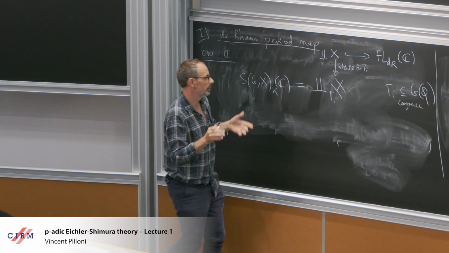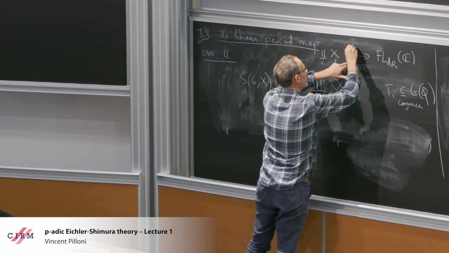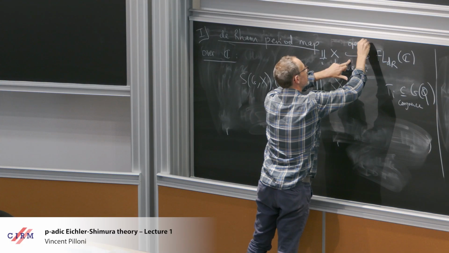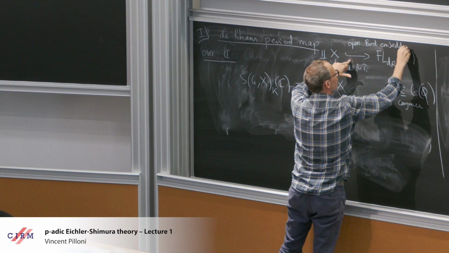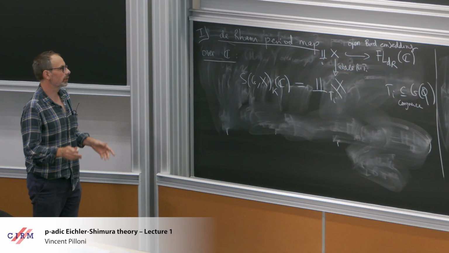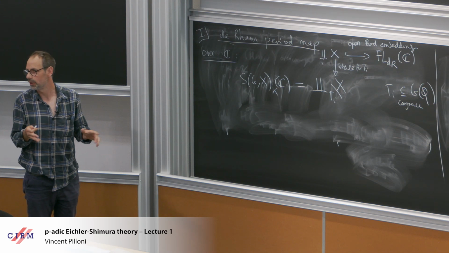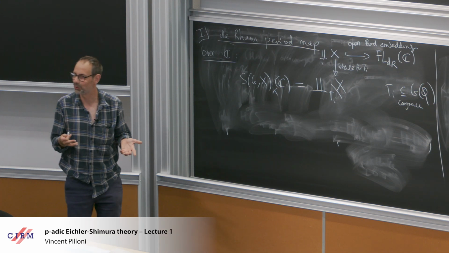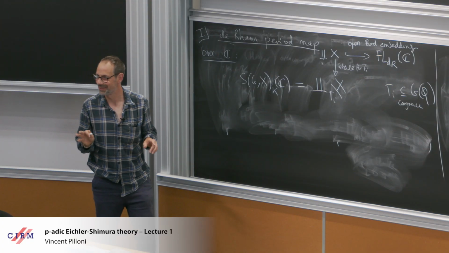And this map is an open immersion, and this is called the Borel embedding. Well, it's an immersion, an open immersion on each component. So that's a slight abuse of language.